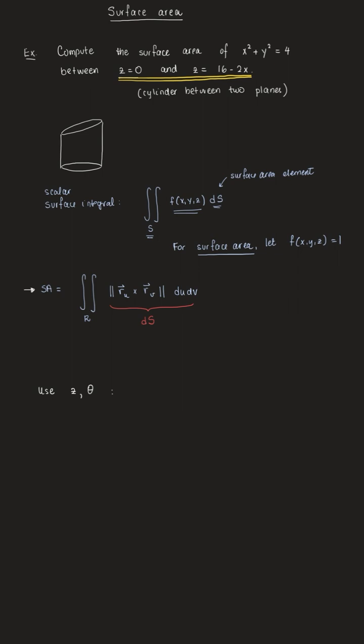So if we use that, that means I want some vector function that depends on theta and z that can describe the cylinder. All right, let's look back at our cylinder. We wanted to find the surface area of x squared plus y squared equals 4. Well, x squared plus y squared equals 4 is a cylinder with a fixed radius. So that's great. Our fixed radius is 2.